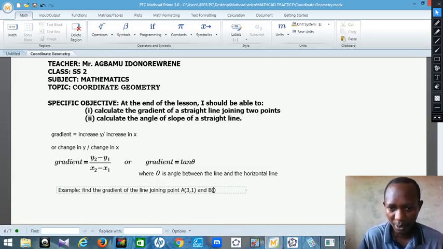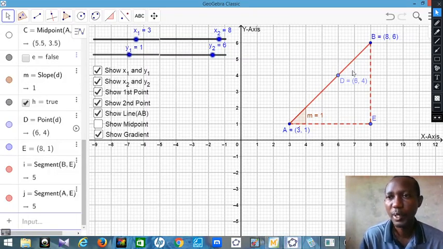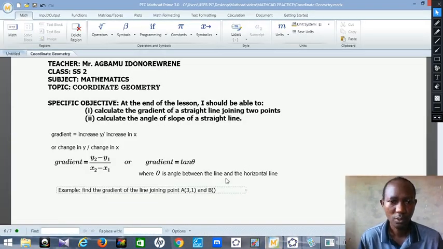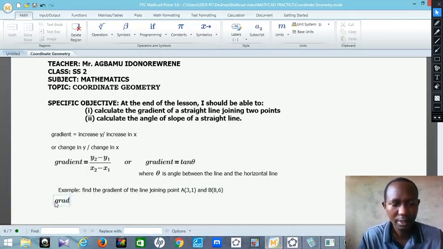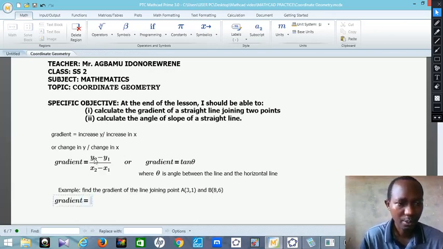Let me use the example we have here. So 3, 1 is first, the second point is 8, 6. You see that the gradient will give us 1. That is what we are doing here, which is 8, 6. So all you need to do here is just to say gradient is equals to second point, which is y2.